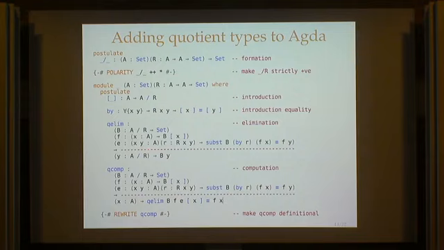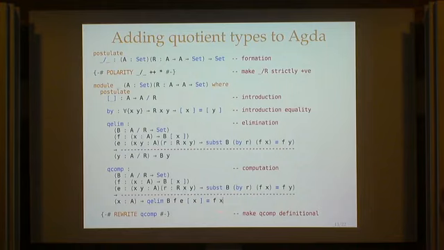So here's my subst: I have to transport f of x, which lives in B of square brackets x, to B of square brackets y before I can say they're equal. So I'm transporting along the usual identity type in Agda. That's the elimination rule, and the computation rule follows from it like this.